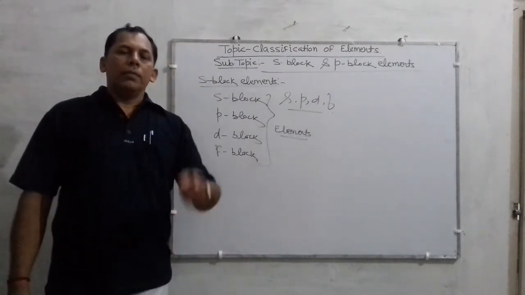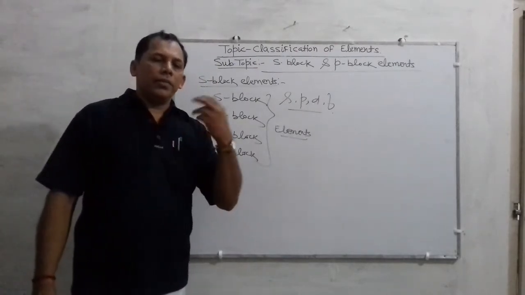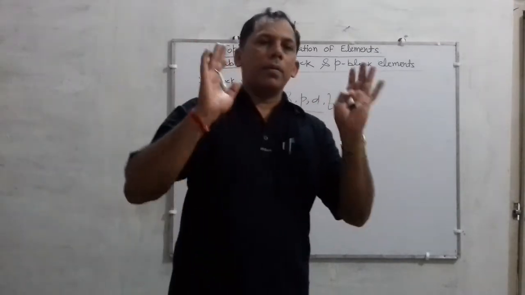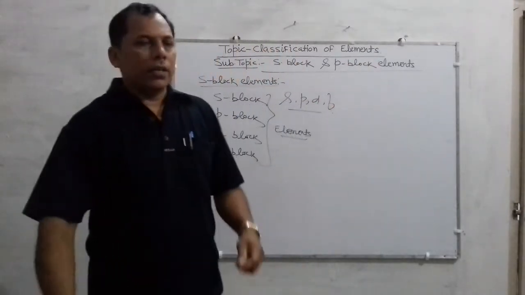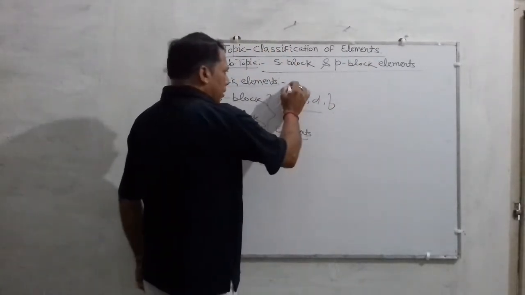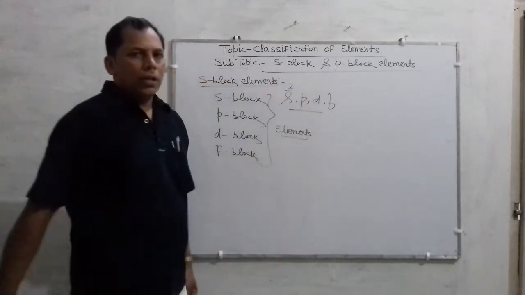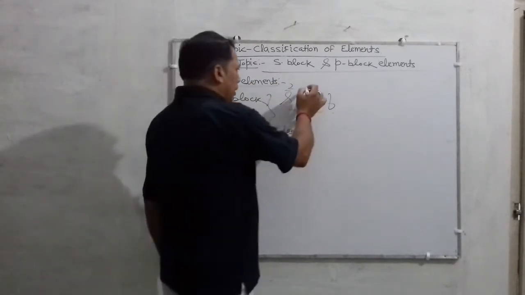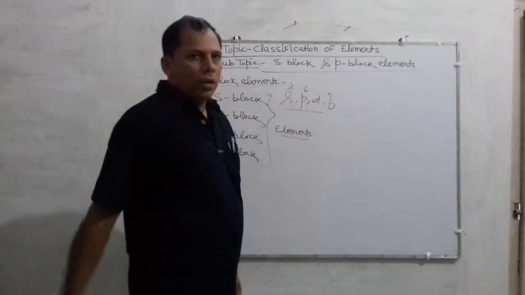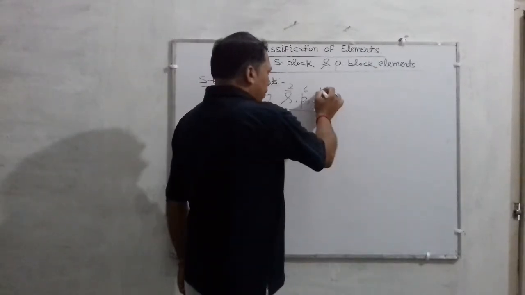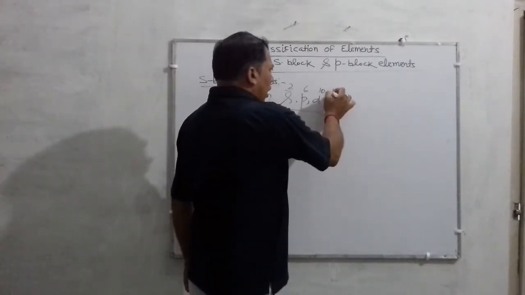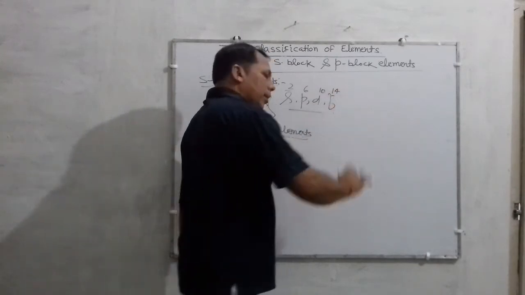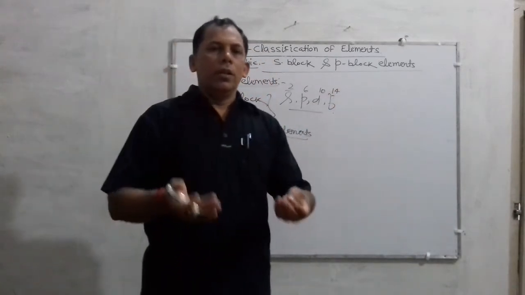And on the basis of subshells, or on the basis of knowledge of quantum numbers, you are knowing that S subshell can contain a maximum of 2 electrons. Similarly, P subshell contains a maximum of 6 electrons, D subshell a maximum of 10 electrons and F subshell a maximum of 14 electrons.